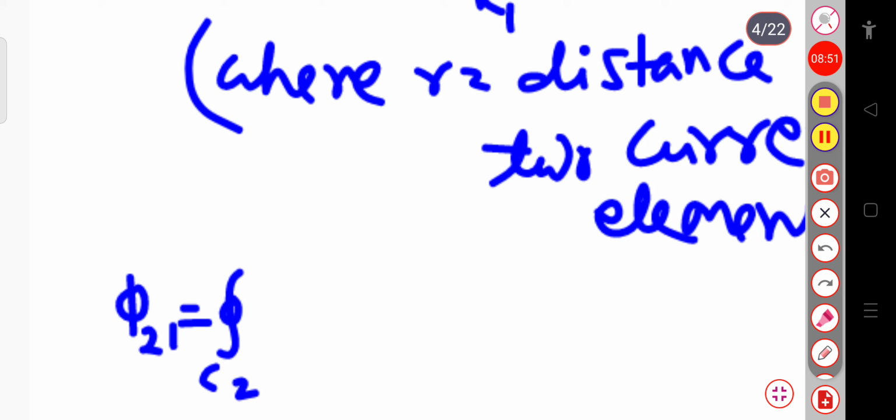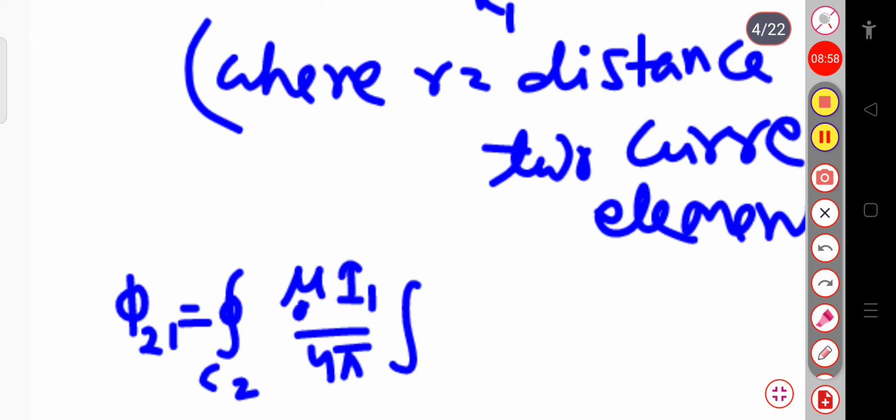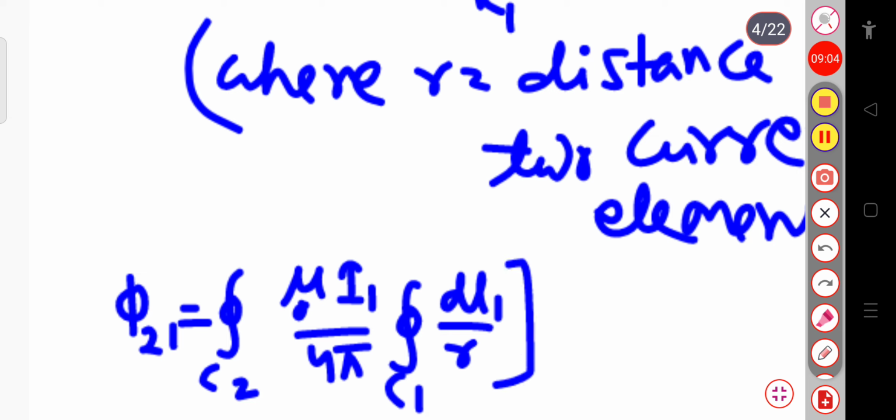In place of A1 I write mu naught I1 divided by 4 pi, integral over C1 of dl1 divided by R, whole dotted with dl2.